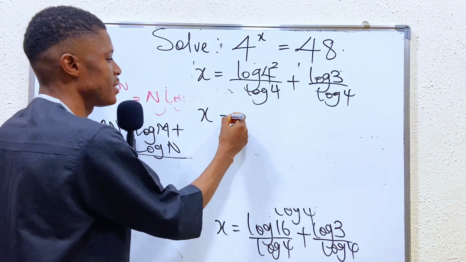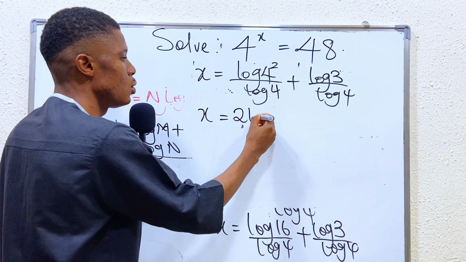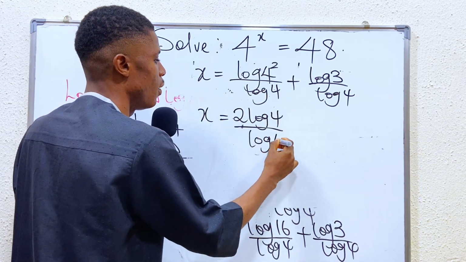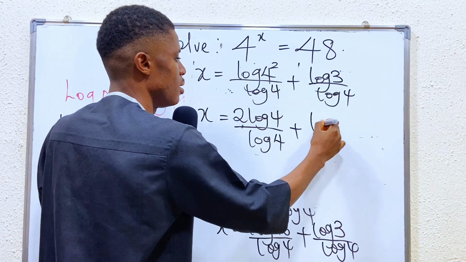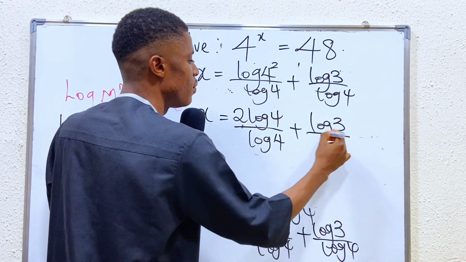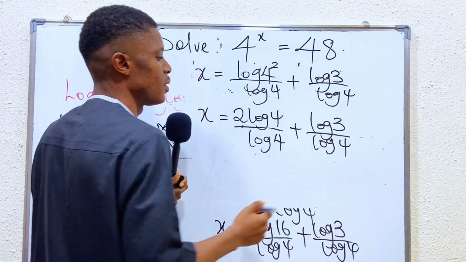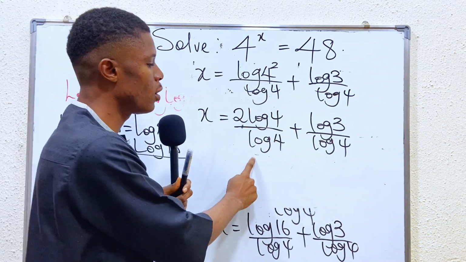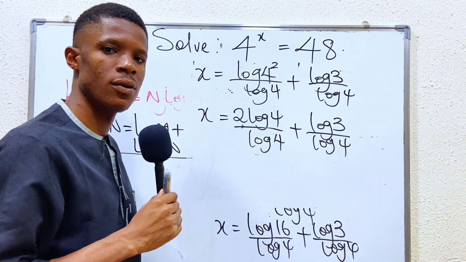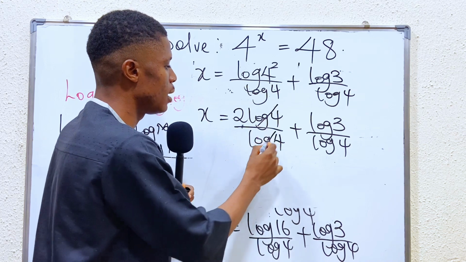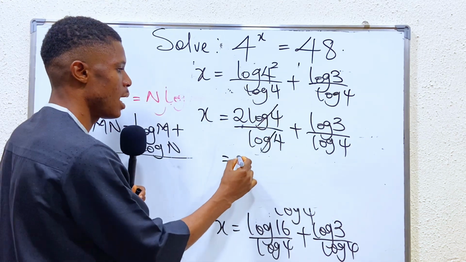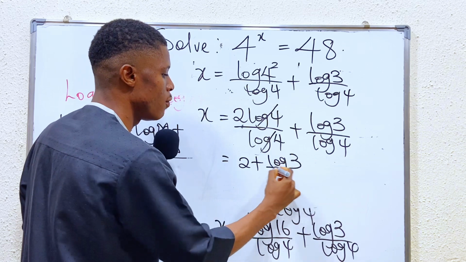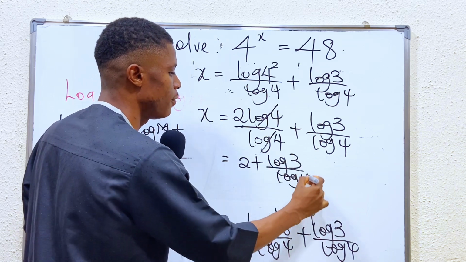We have it that x is equal to 2 log 4 over log 4, then plus log 3 over log 4. What do you know now? Log 4 is here. Log 4 is here. So you can cancel out log 4. What do we have? 2 plus log 3 over log 4.